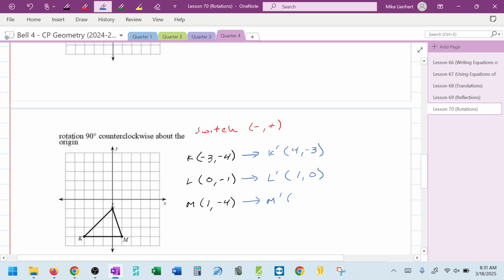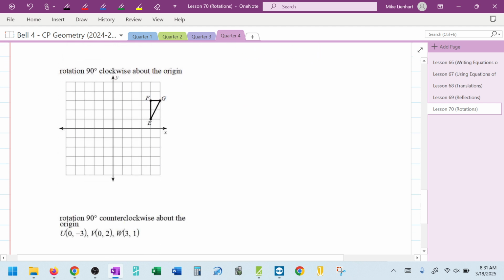M prime, switch, -4, 1, and then opposite, keep. So that becomes 4, 1. It's kind of harder to put it into words, I'm realizing here.